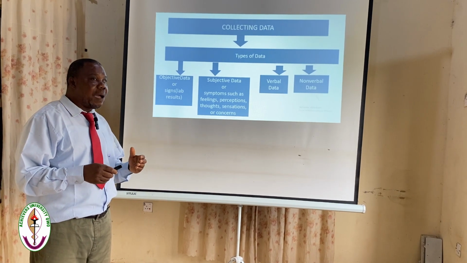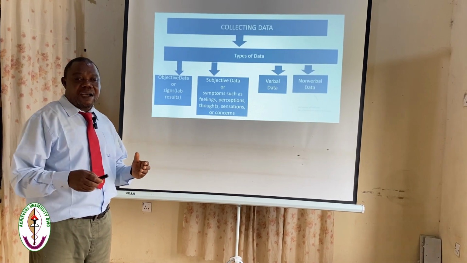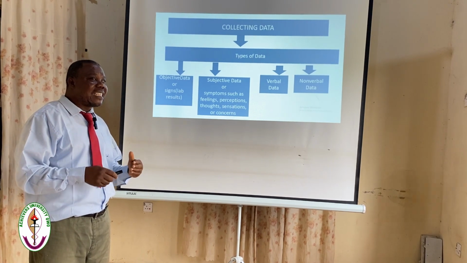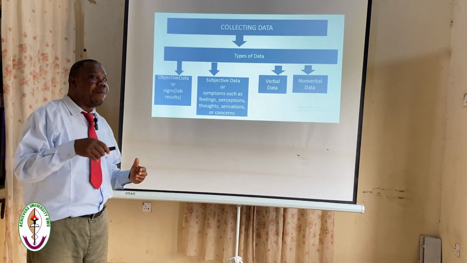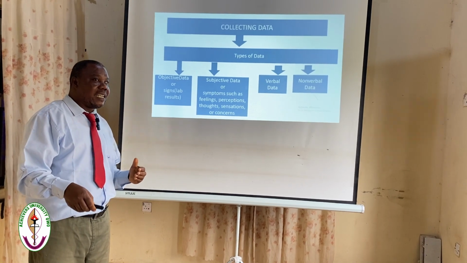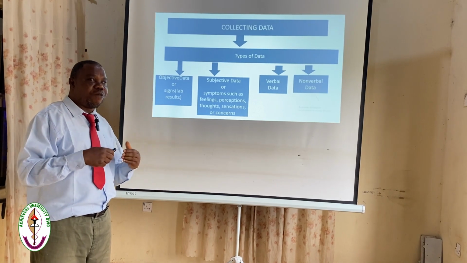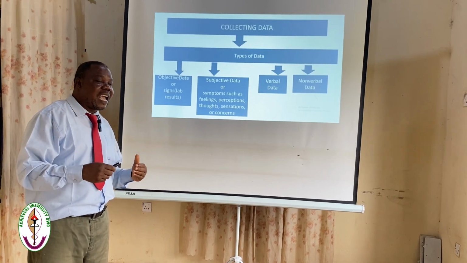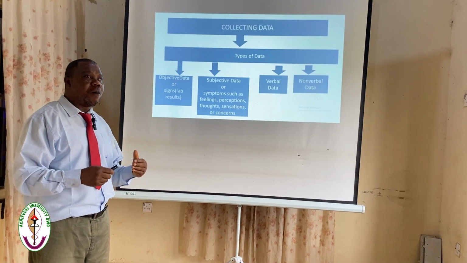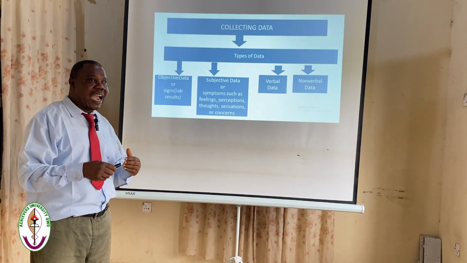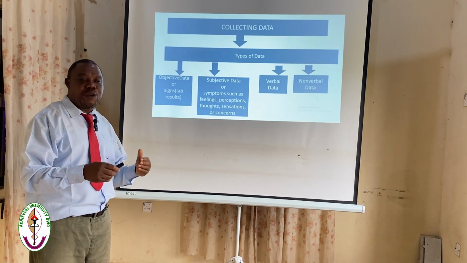For example, lab results are objective data, or data that can be verified by another person. If I'm coughing, everybody can hear that I'm coughing. If I'm sneezing, everybody knows I'm sneezing. Therefore, they form objective data. They are signs that are obvious to everybody.